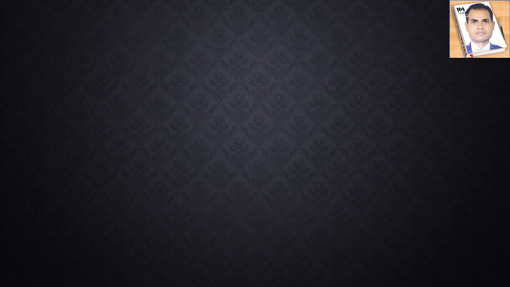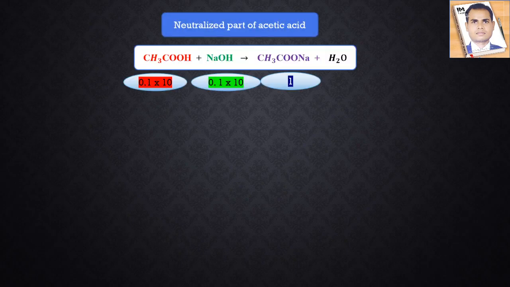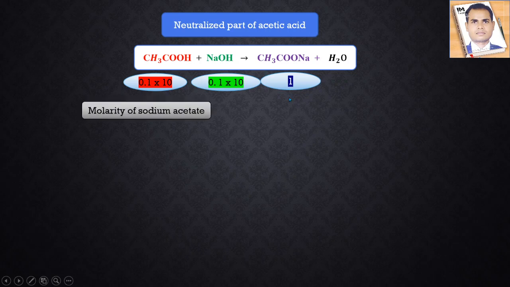Now we have to see the neutralized part of acetic acid for this step. Again, we have to take the simple reaction: acetic acid, 0.1 normal concentration into 10 ml, and 0.1 for the NaOH, and you will get 1 millimole of salt. So we have to calculate the sodium acetate molarity.